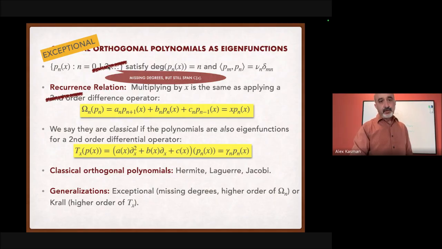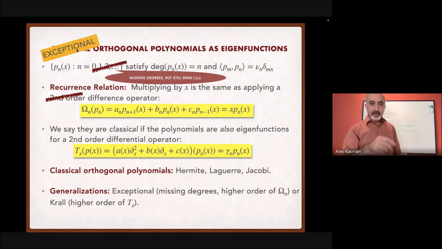And if you've eliminated some of the degrees, then necessarily the recurrence relation also changes. It's now no longer a second order difference operator. So you would still have a formula like this, except it would necessarily involve indexes higher than just Pn plus 1 and lower than Pn minus 1. And the eigenvalue wouldn't just be x, but some polynomial in x. So those are the exceptional orthogonal polynomials.